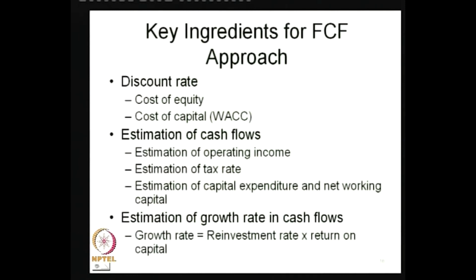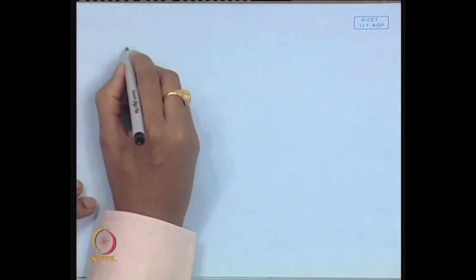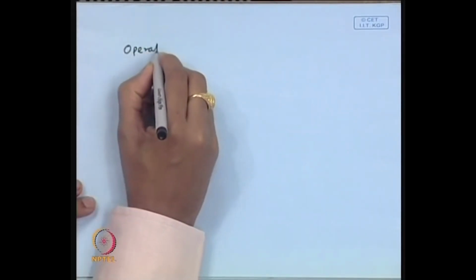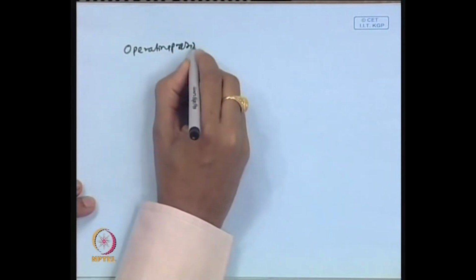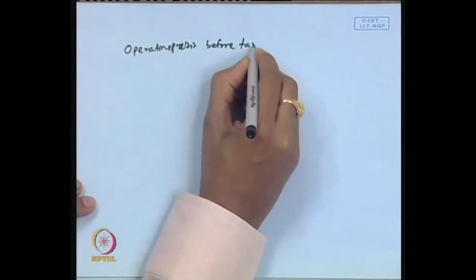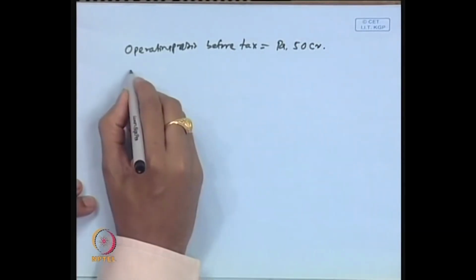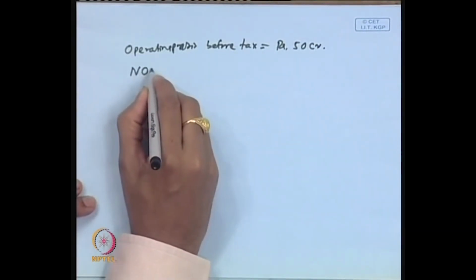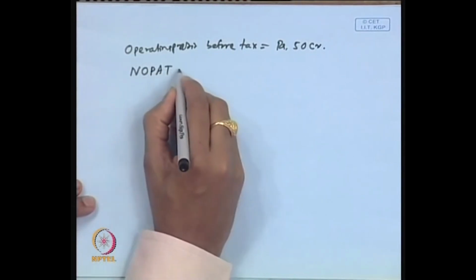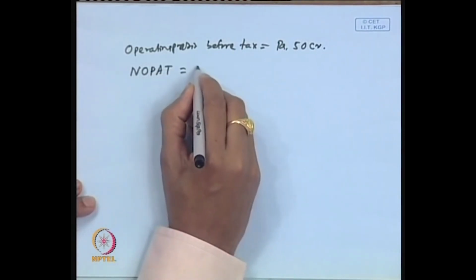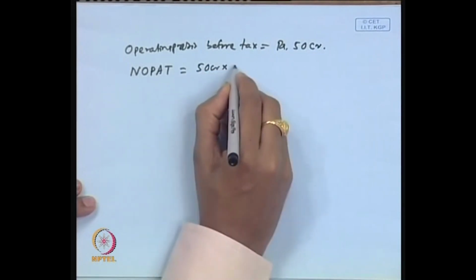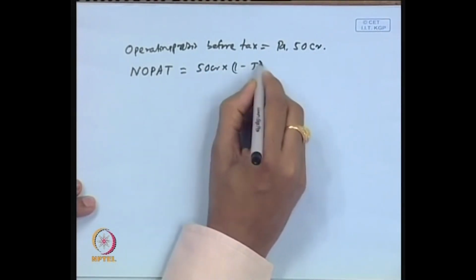So, if the operating profit is x, you multiply by 1 minus t, and it becomes operating profit after tax. What happens if operating profit before tax is rupees 50 crore? The operating profit after tax, called net operating profit after tax, is nothing but 50 crore into 1 minus tax rate.